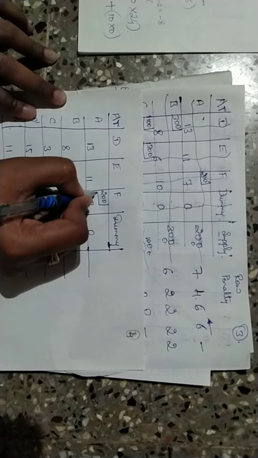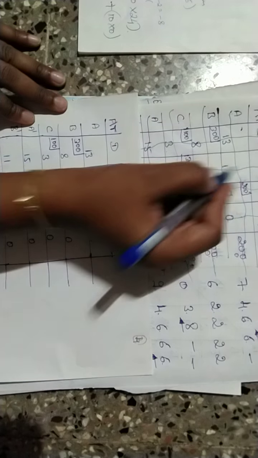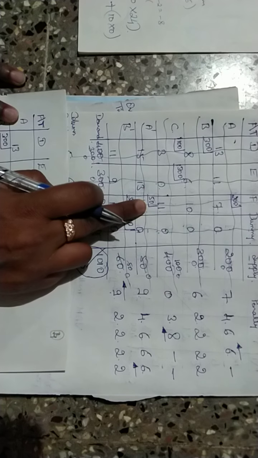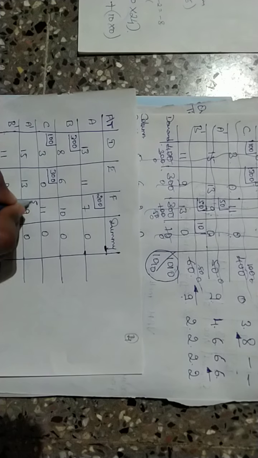From A to F, there is an allocation of 200 units. And from B to D, an allocation of 300 units. I am going to write the same here. And from C to D, 100 units. And from C to E, 300 units. And from A dash to F, it is 50 units.